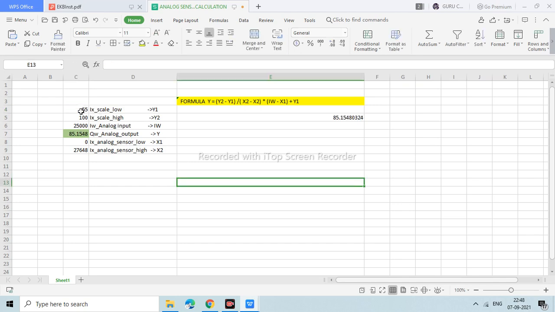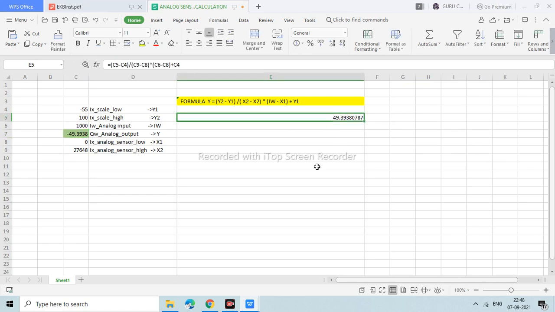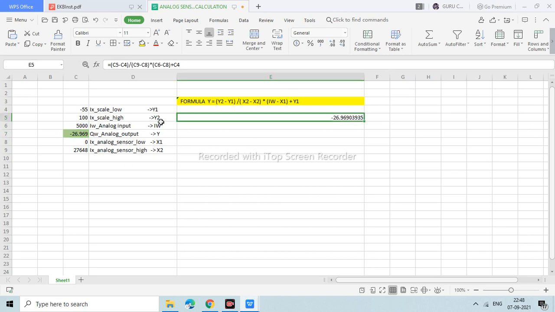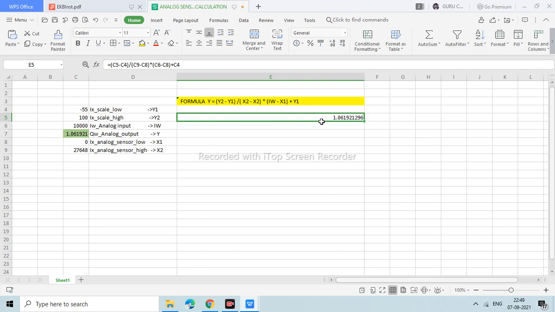It will calculate in that range only. Suppose we have a value of 1000, then you get a negative output. Say we have a value of 5000, we get minus 26. Say we have a value of 10,000, we get 1 as a positive value. So you get my concern, you know what the thing is.